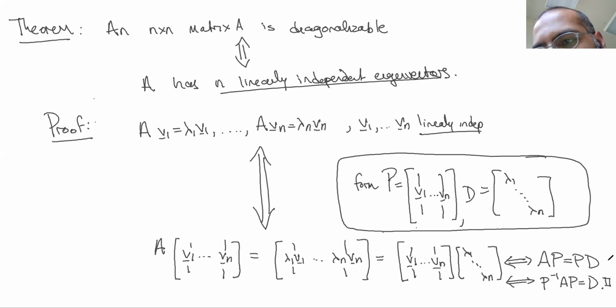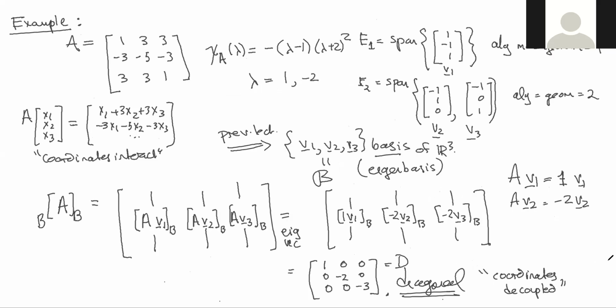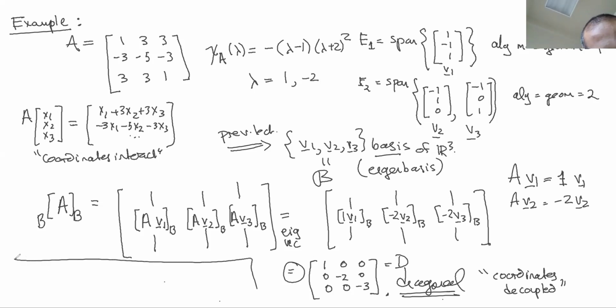Yes. Do you have a question? Could you go back to the previous slide for a second? Sure. How do you get from the one where it's 1v1, negative 2v2, negative 2v3 to the last one with all the zeros? Good question. So the question is, how do you do this last step? What does the coordinate vector of v1 in the B basis mean? Well, it means express this vector as a unique linear combination of the basis vectors.